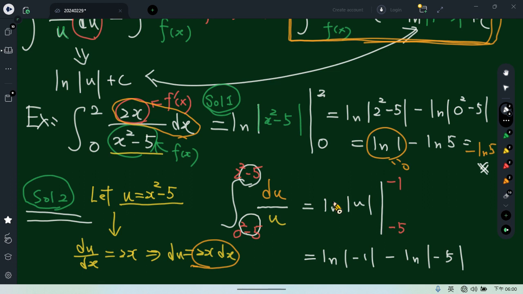The other way is using the substitution rule, a method you just learned. When you replace x squared minus 5 as u, the next step is to take du over dx and find the relationship between du and dx. Try to replace all x with u. But actually, these two results are the same.